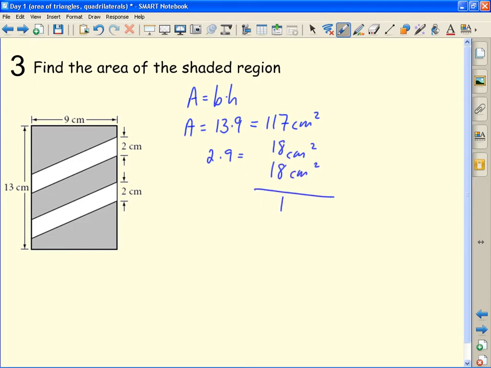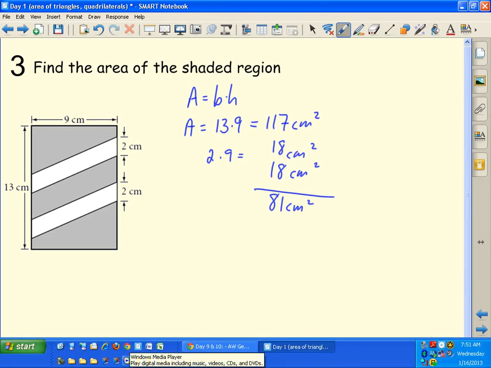When I subtract that, I get, I think, 81 centimeters squared. I believe that's what I get, and so that would be the total area of the shaded region, 81 centimeters squared.